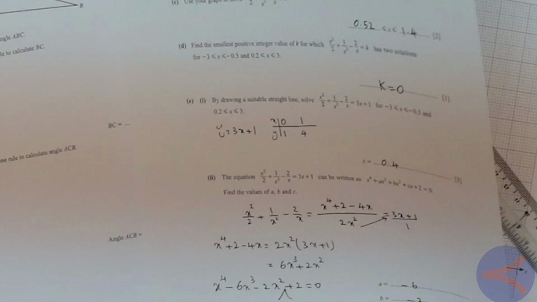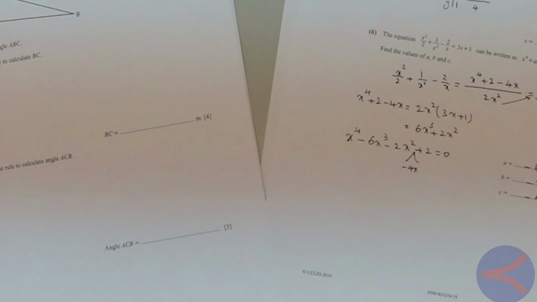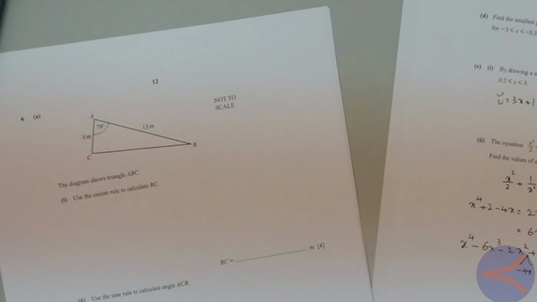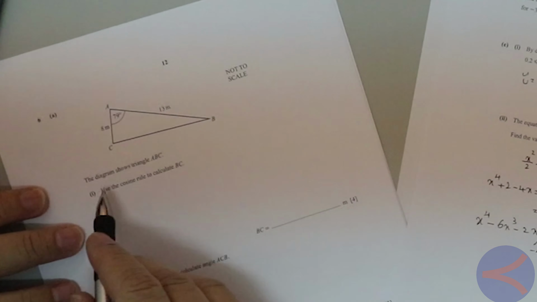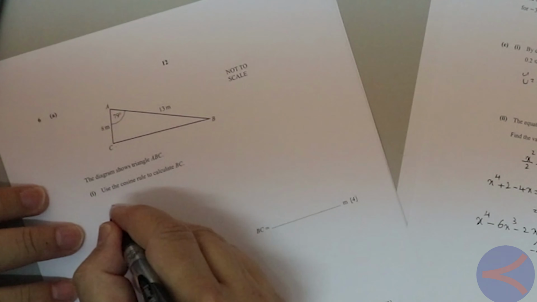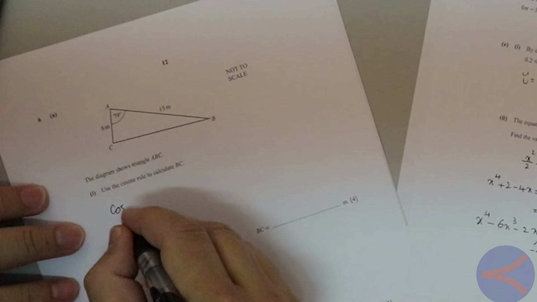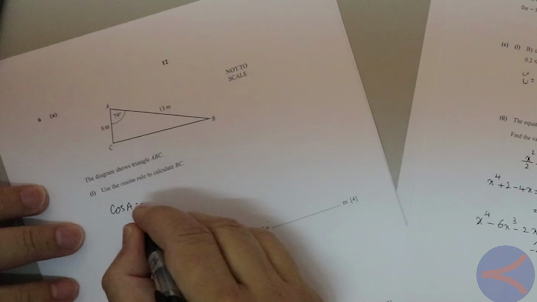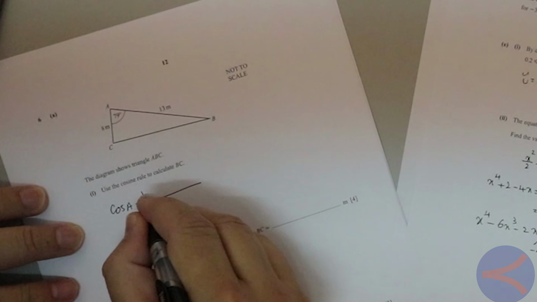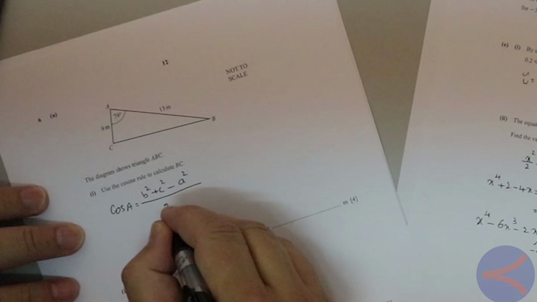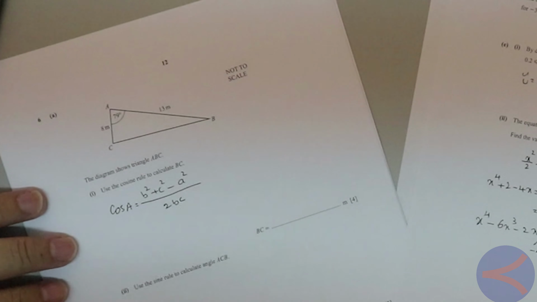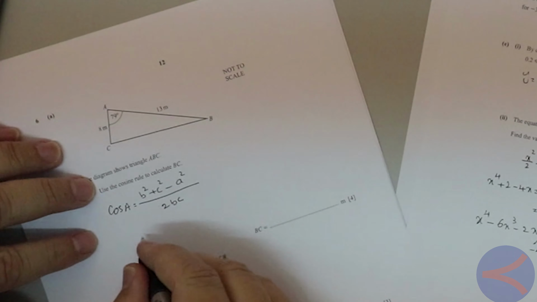Now, question number 6. For question number 6, we need to use the cosine formula. You know that cos A is equal to b squared plus c squared minus a squared divided by 2bc. If you remember this formula, you can easily do this question.